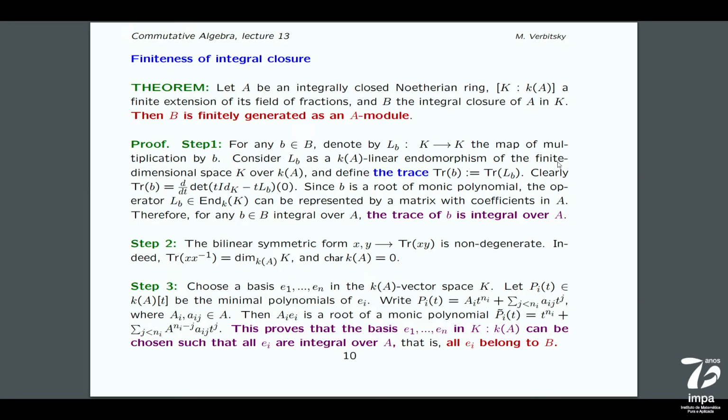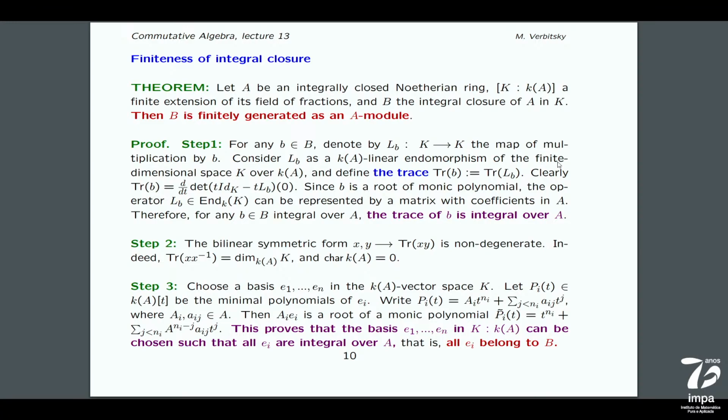Okay, so the important thing is that you can in fact prove that normalization exists and it is finitely generated if your ring is finitely generated. It's not trivial.